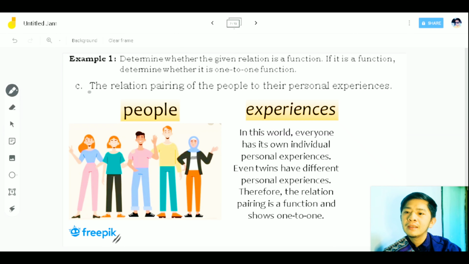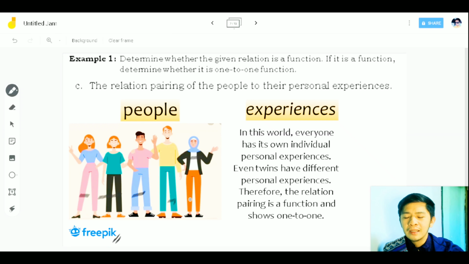Okay, letter C. The relation pairing of the people to their personal experiences. So, ito yung ating x value, yung mga people. Ilan niya? Marami yan. And then experiences, marami rin yan. By the way, this is the source of the picture. So, kung makikita nyo, alam naman natin na bawat tao ay mayroong iba't ibang experience sa buhay, no?